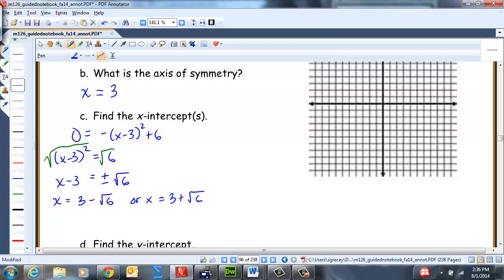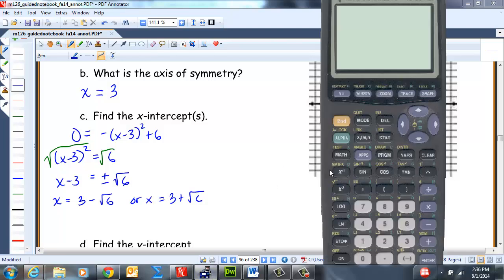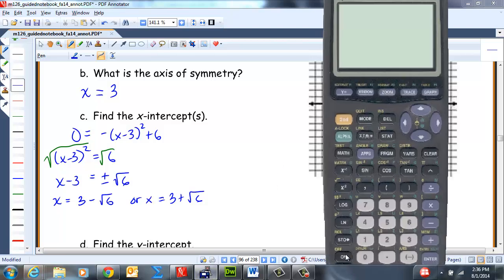So let's get the calculator up. That's the exact answer for the intercepts, but we're going to be graphing this, so we're going to want an approximation. So 3 minus, if you go second, square root 6, enter, we get 0.55.